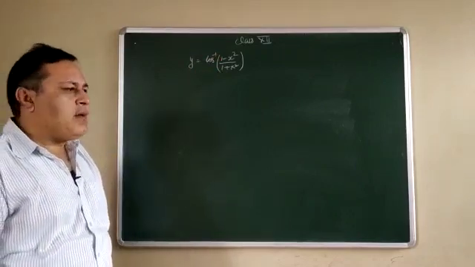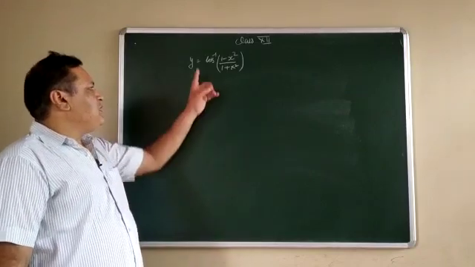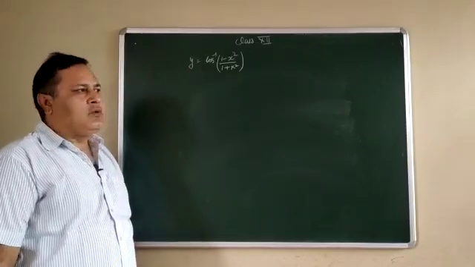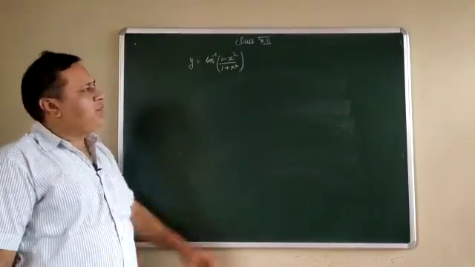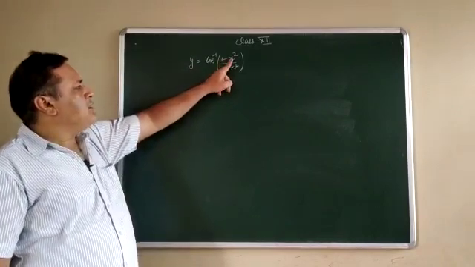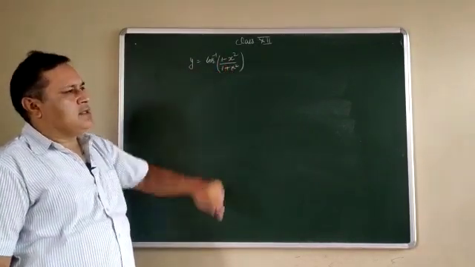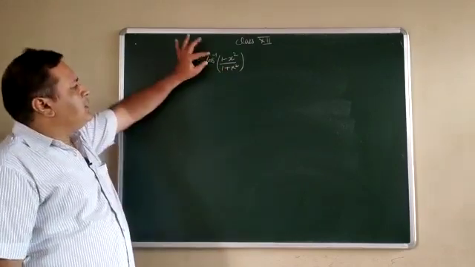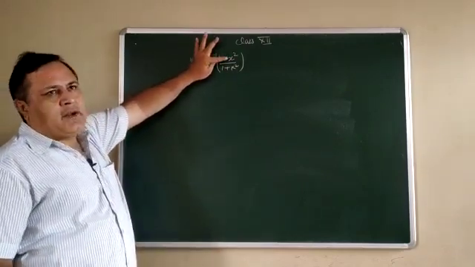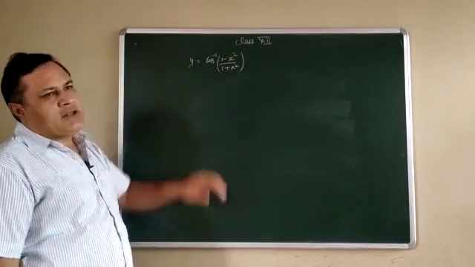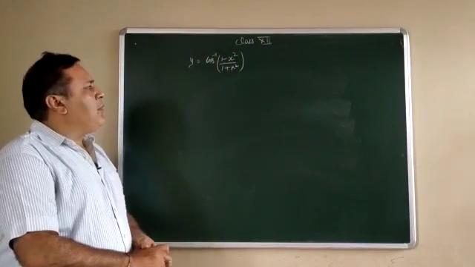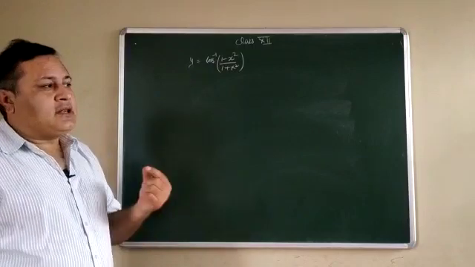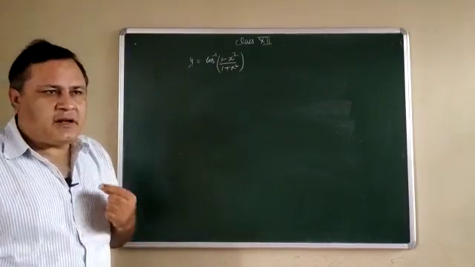But remember, trigonometry, especially in case of inverse, helps you if you know the formula. If you see, it is 1 minus x square upon 1 plus x square. If you remember the formula of cos which contains this type of term, 1 minus a trigonometrical function upon 1 plus a trigonometrical function, the function that satisfies this condition is tangent theta.